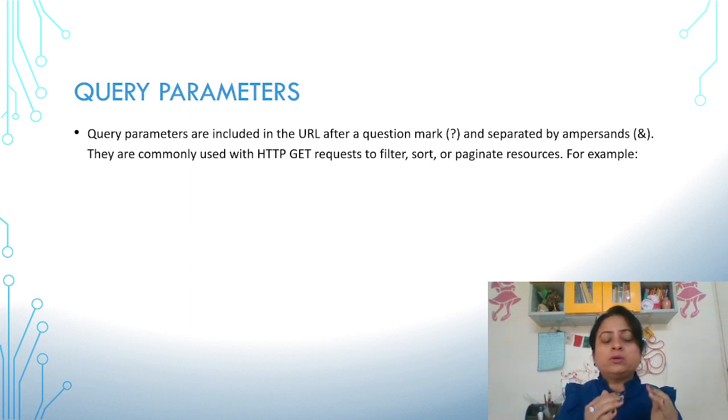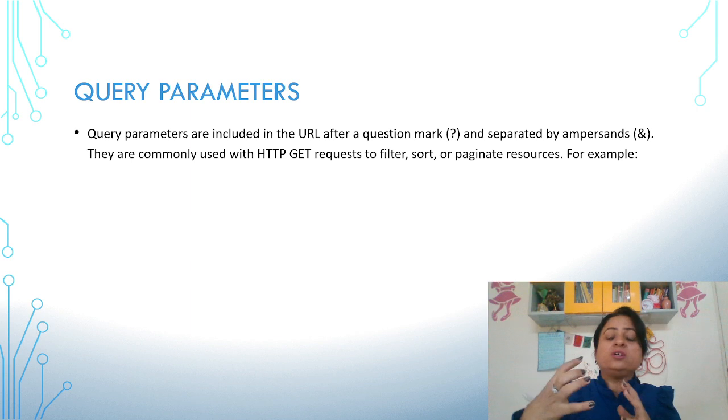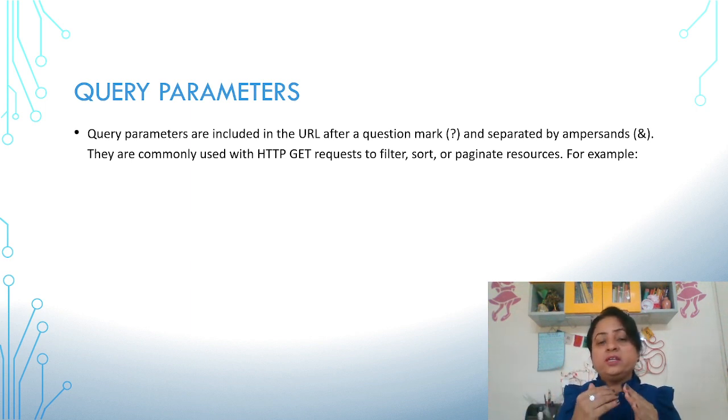We commonly use query parameters with a GET request, because GET is the HTTP method we use to fetch data, and usually while fetching we need filtration, pagination or sort.